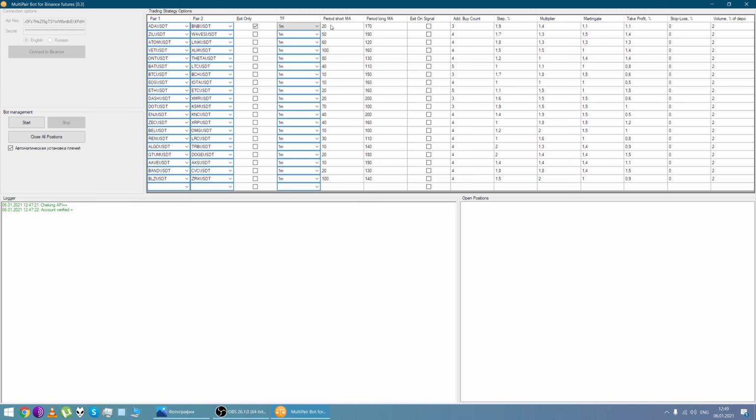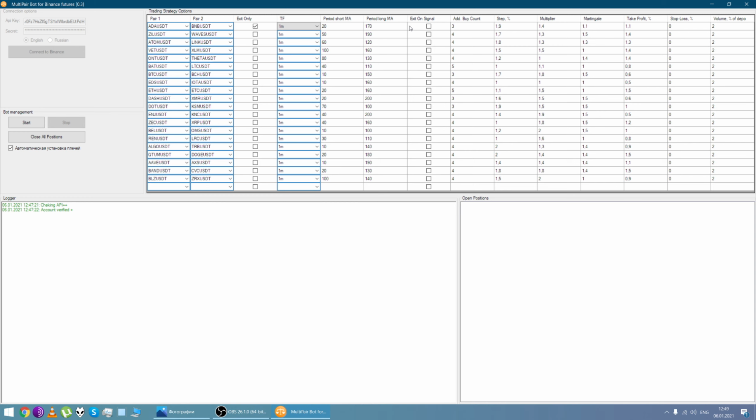In this field, period short moving average, we set the period of the short term moving average. In the long period field, respectively, we set the period of the long term moving average. It's 170.